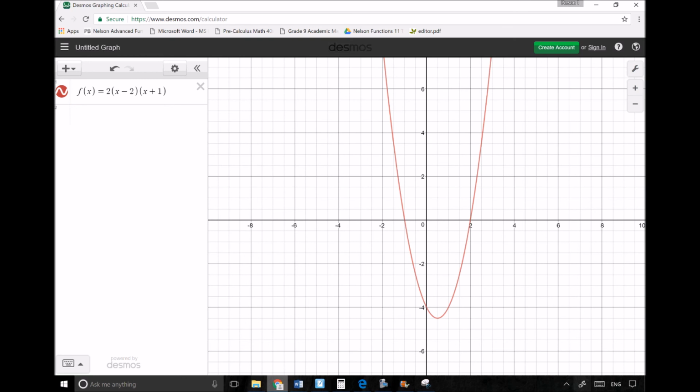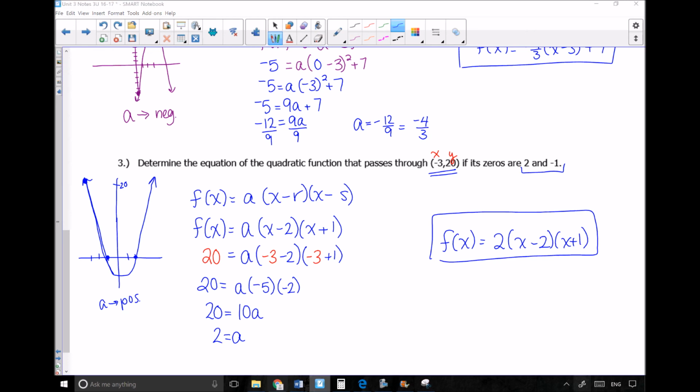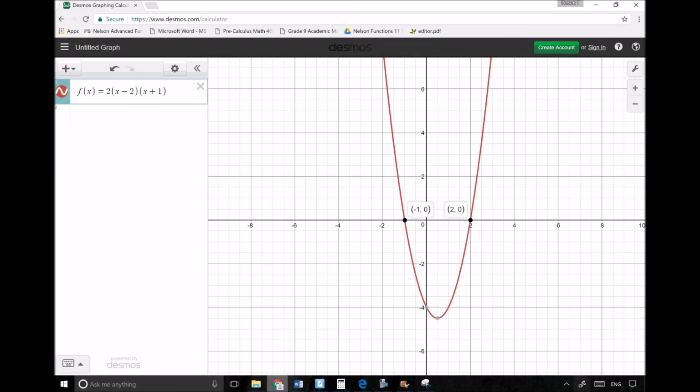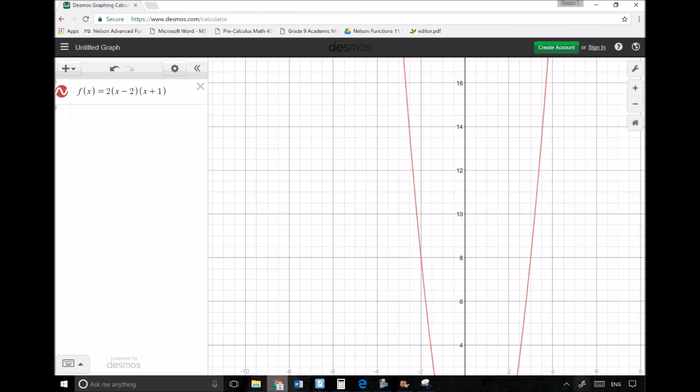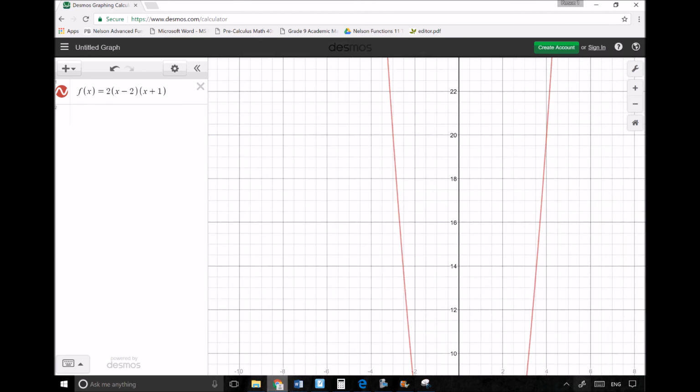And when I look at my graph right here, I can see that I have the points (-1, 0) and (2, 0). Those are my roots. But I'm more interested to see if it's really going to go through the point (-3, 20). So I'm going to go up here, and I'm going to go to -3, and I'm going to go all the way up to 20 and see if that's going to be an actual point.